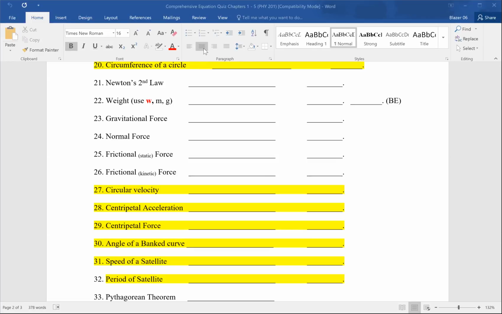So we have an equation, Newton's second law. I keep making my F's, let me make that a little bit better. Okay, and that's Newton's. Who can give me the equation for weight? What's the equation for weight?